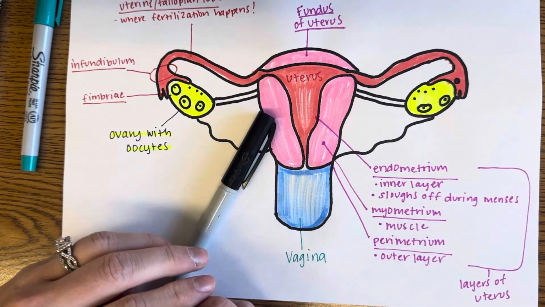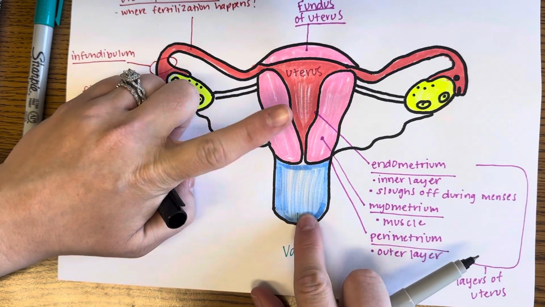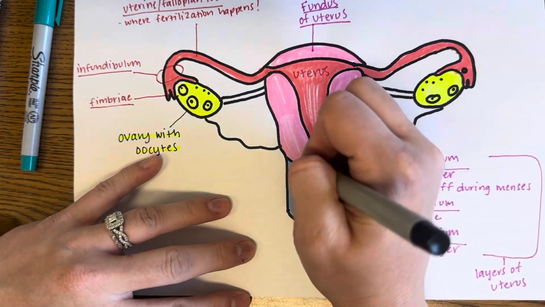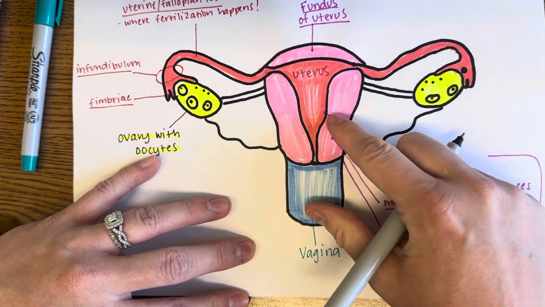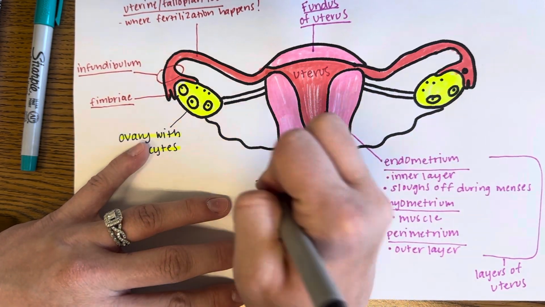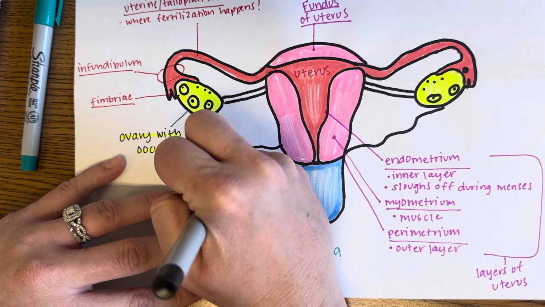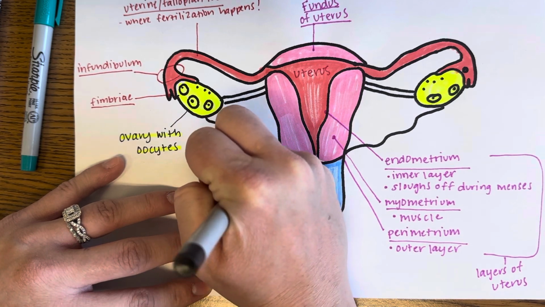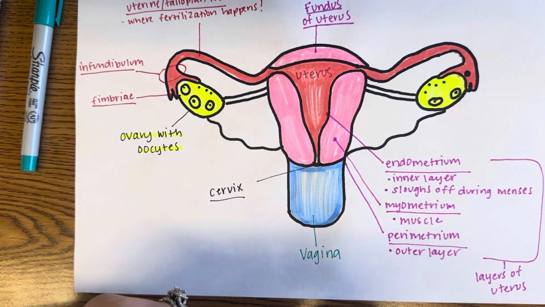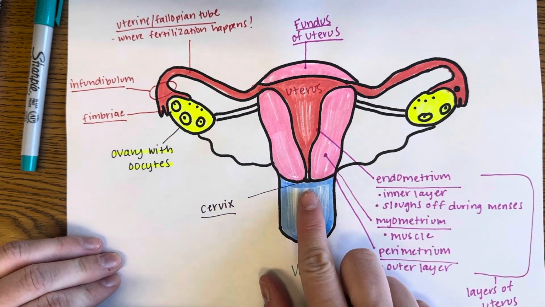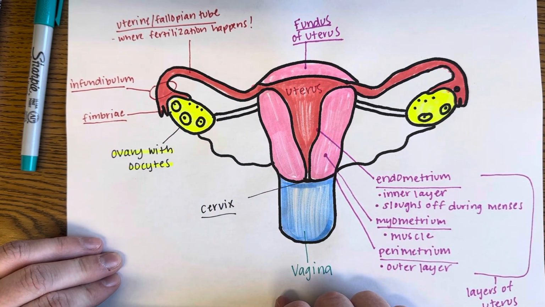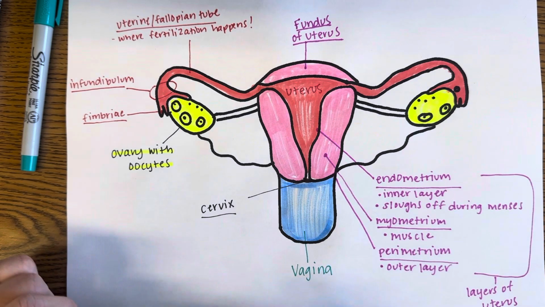Now, in between the vagina and the uterus, I'm going to take a black and make a darker line separating these two. That represents the cervix. Now the cervix stays closed until you are about to give birth. This is what opens and dilates so that the baby can come out.